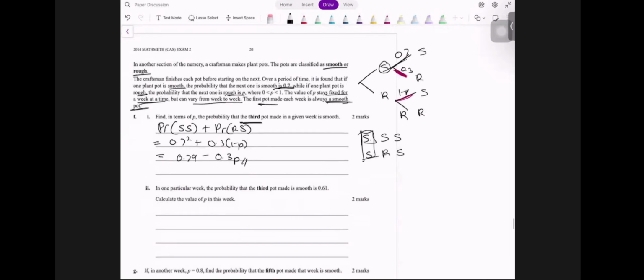To get two smooths will be 0.7 squared, plus then to get a rough, smooth to rough is 0.3, and then from rough to smooth would be 1 minus P. So we times by 0.3, 1 minus P. Simplify this and you get 0.79. Well, you keep it in fraction form, doesn't matter too much. That's what you should get.